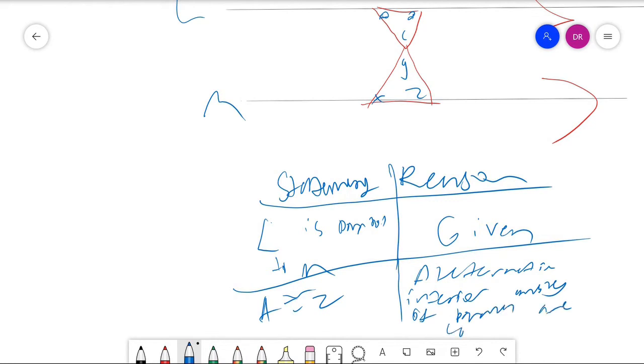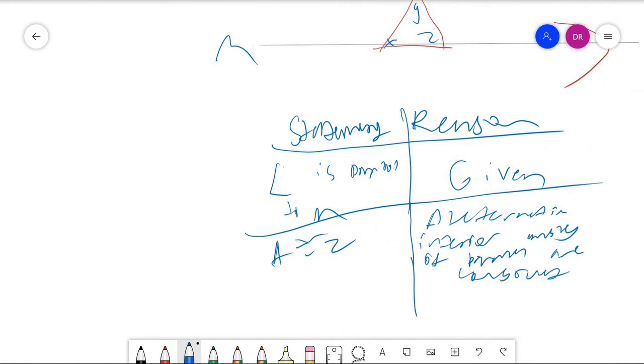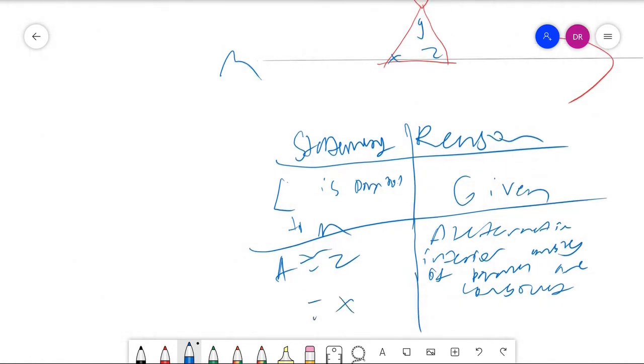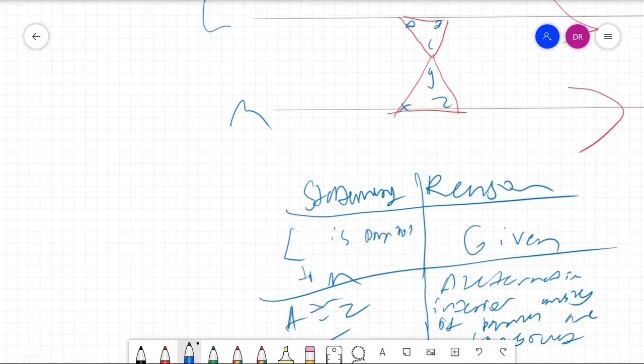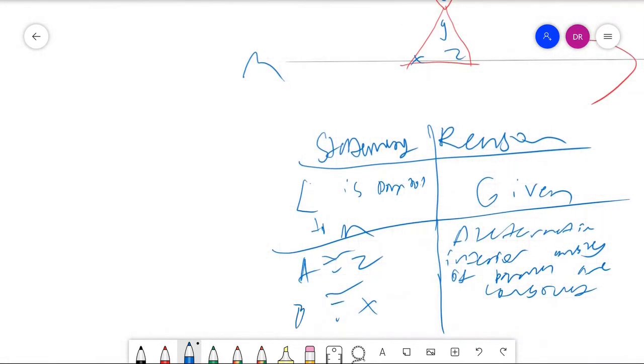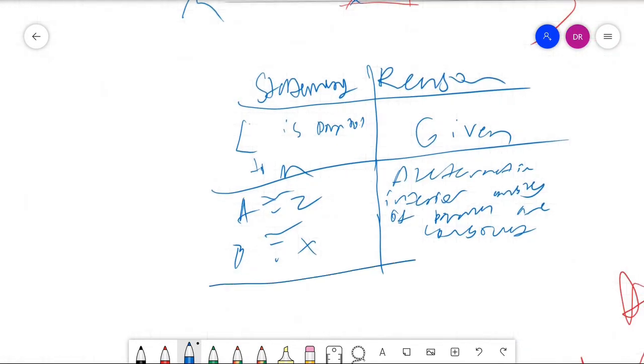Okay, this is a lot to write. And then we can also say that B and X are congruent, because alternate interior angles are congruent.